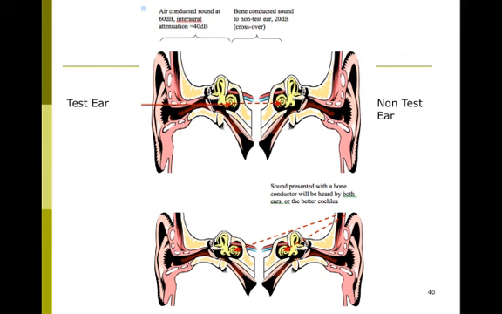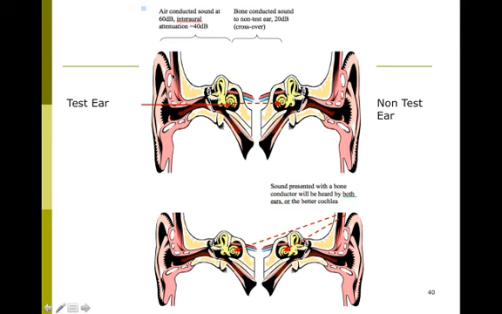So here's an illustration of interaural attenuation. Let's say the ear that we want to test, in this case, is your right ear. That's the test ear. The other ear would be the non-test ear, so the left ear in this case is the non-test ear. Interaural attenuation refers to the loss of energy when sound travels from one side to another.